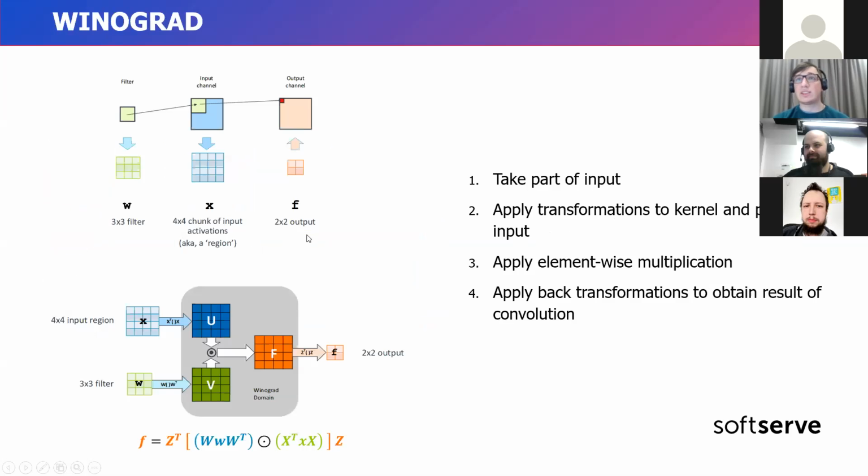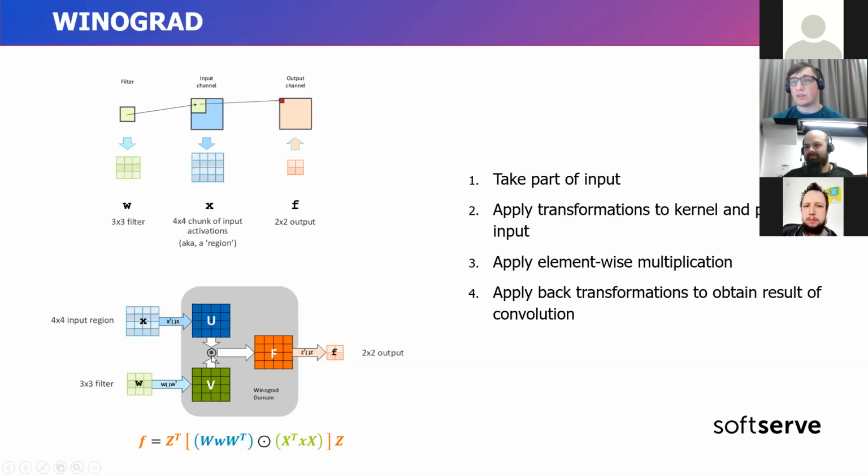And the last one is Winograd. The approach is also very similar to Fourier and GEMM. Basically, we have a Winograd domain here, and we take some part of the image and the filter and convert both to the Winograd domain. So in the Winograd domain, we have two matrices of the same size.